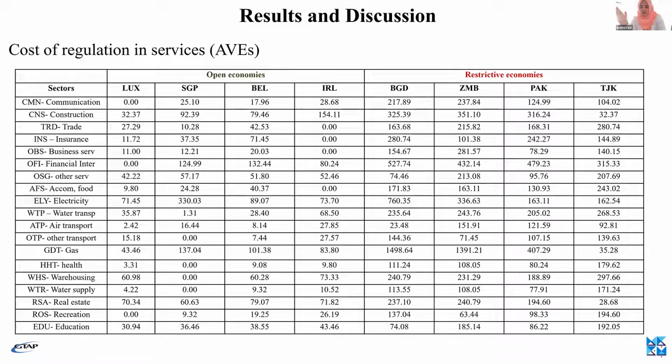From those 2 tables, we compare how many countries are frequently appearing in both tables. And from this, we categorized 5 countries as open economies based on the entire sample, and 5 economies as restrictive economies, again based on the entire sample.